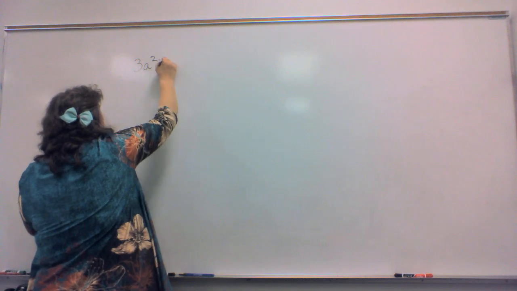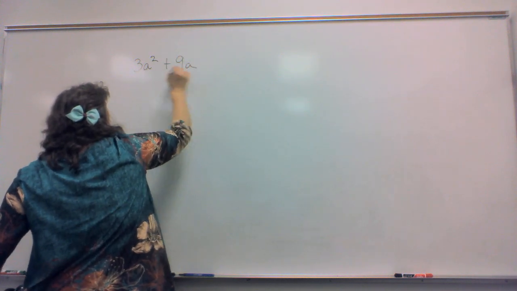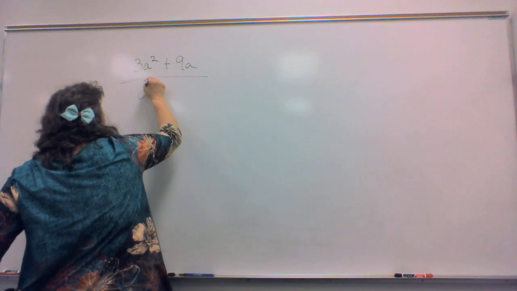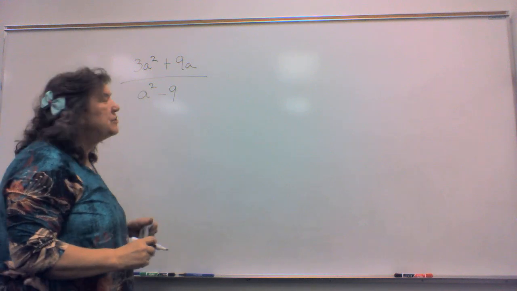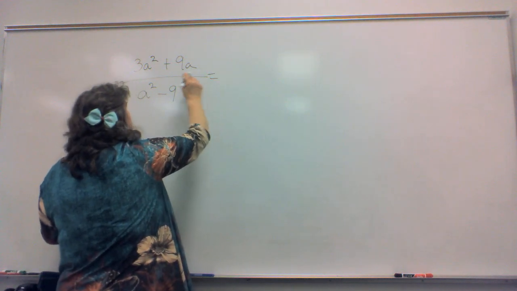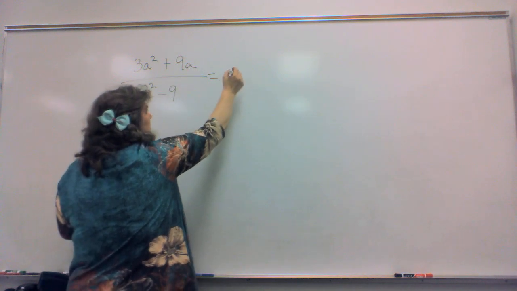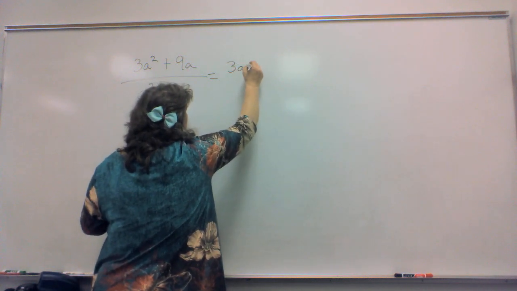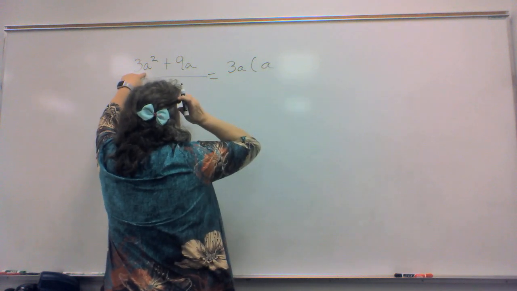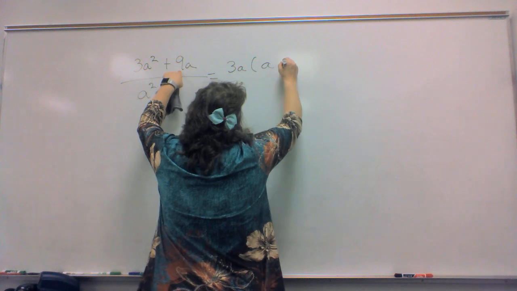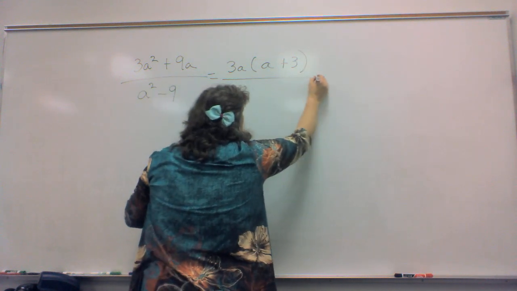3a squared plus 9a over a squared minus 9. Okay, notice the first one has common factors of 3 and an a. So we're going to pull out that common factor of 3a. 3a times a will give you 3a squared, and 3a times 3 will give you 9a. So that one is factored.